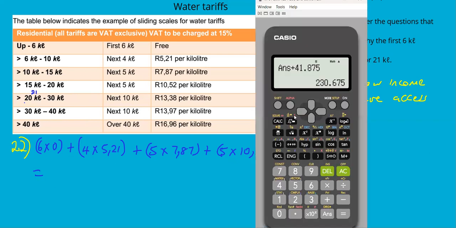Let's check here. So we're going to say 6 times 0 is going to be 0. Sorry about that.